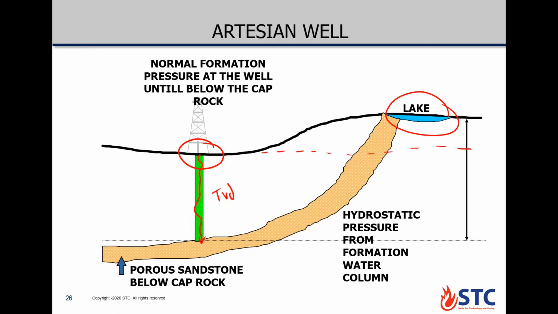So if you need to calculate formation pressure here, you need to calculate based on the full TVD, not this section. Once you make your calculation based on the shallower TVD, you're gonna have a lower formation pressure value. So once drilling and reaching this part, you will be in an underbalance situation and you may have a kick. To overcome this issue, you need to increase your mud weight or adjust the level from the beginning.